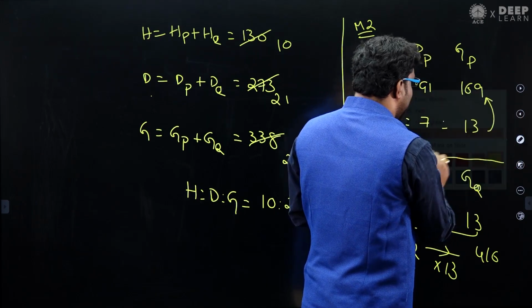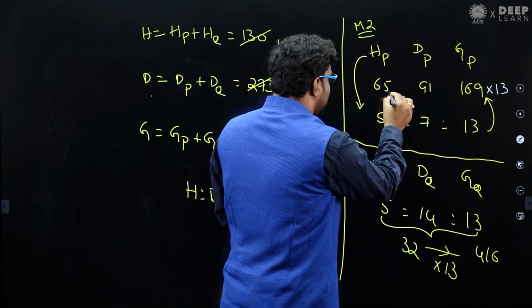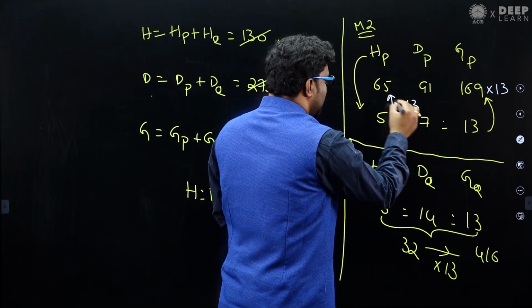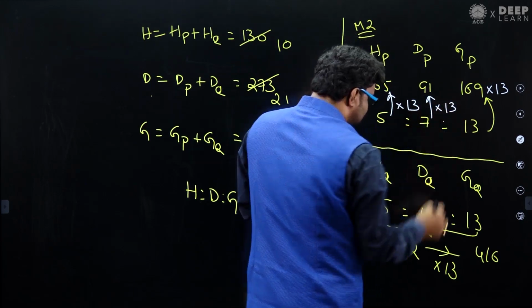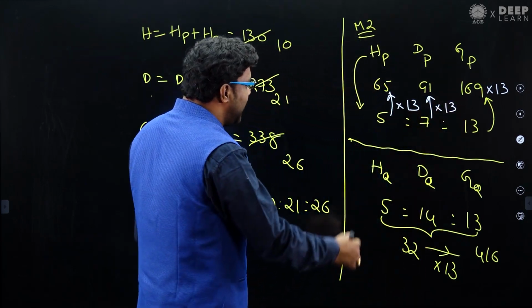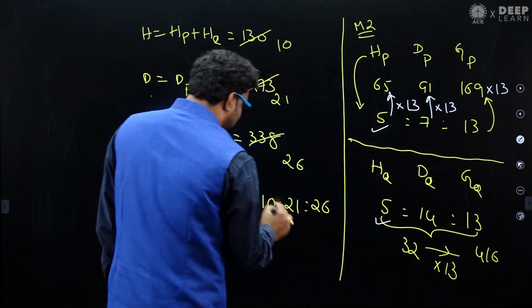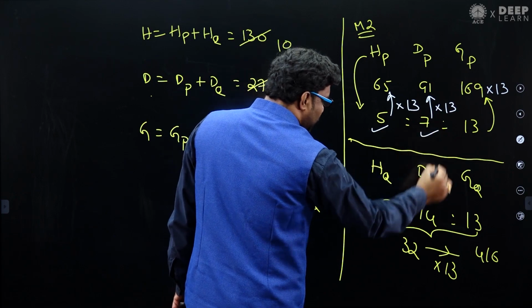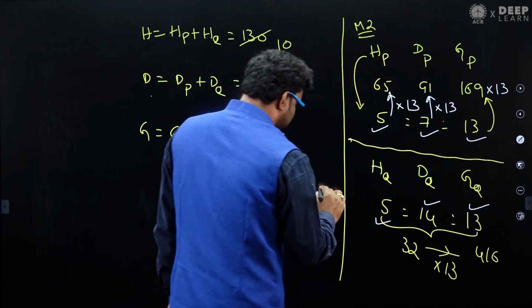As 13 is the factor for this, you can add it directly. So now add this: 5 plus 5, you will get 10, 7 plus 14, 21, 13 plus 13, 26.